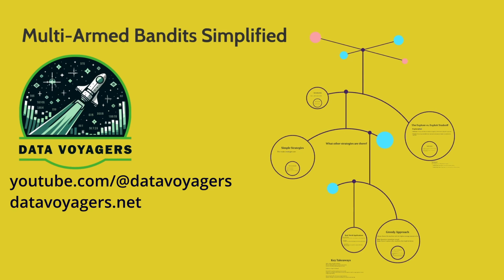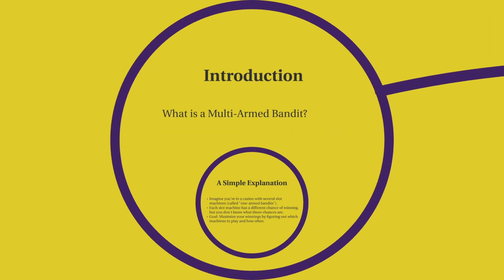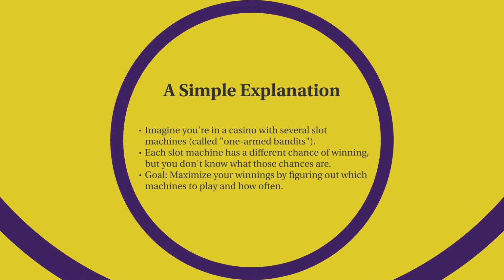So let's get started. What is the Multi-Armed Bandit? So let's start with a simple explanation. And this is the example that people usually give when explaining this because that's the source of the name of this concept. So imagine you are in a casino.